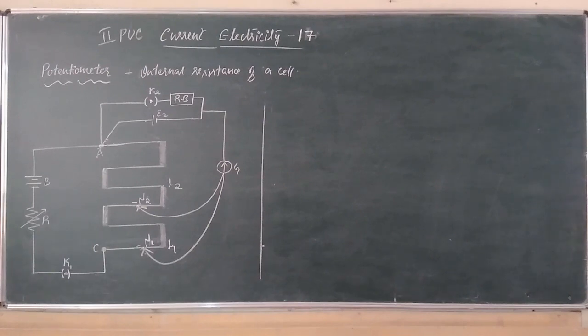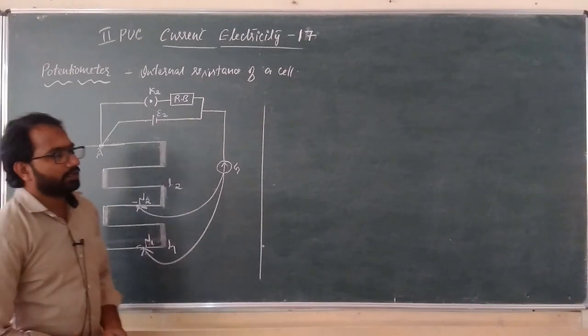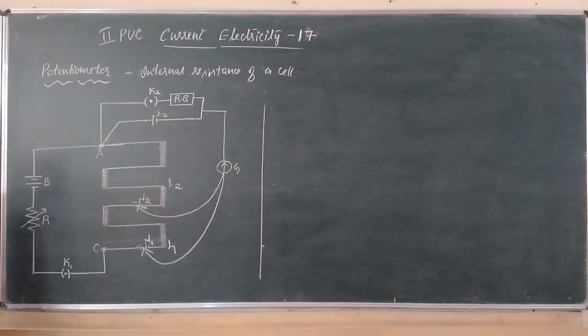We discussed how to compare the EMFs of two cells using a potentiometer, and thereby how to calculate the EMF of a cell knowing the EMF of the other cell.